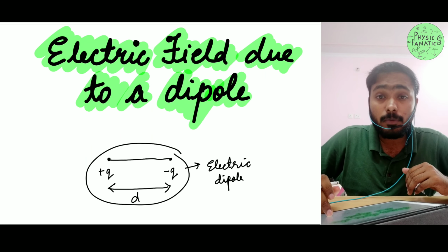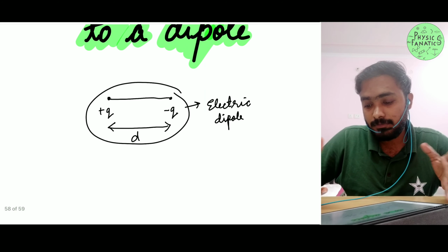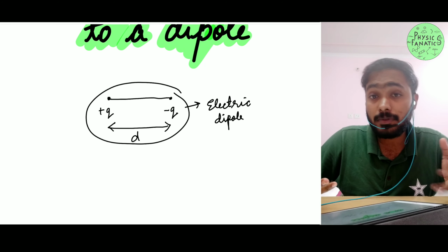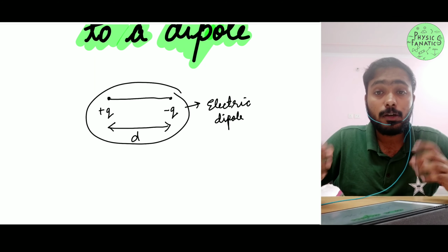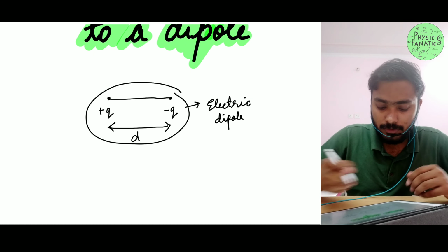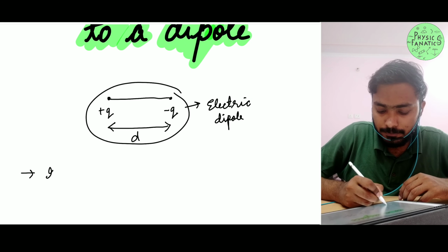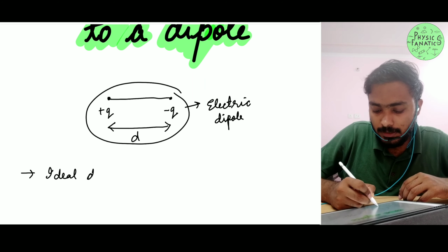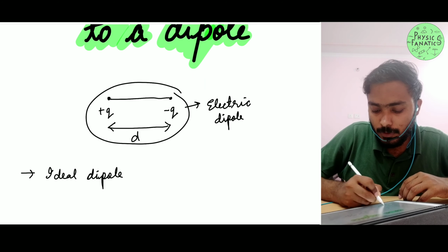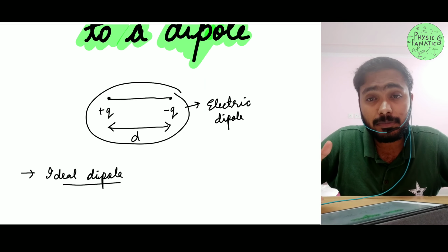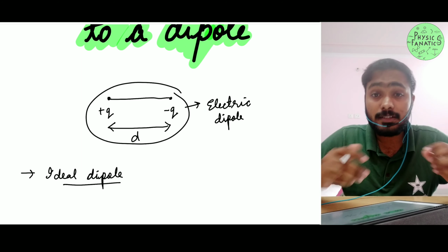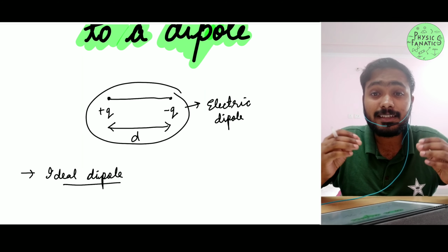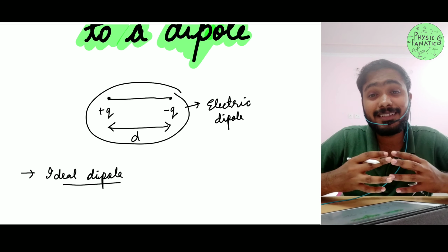Now one very important definition which I skipped in the previous video was, what is an ideal dipole? It's very simple. In an ideal dipole, the separation between the opposite charges is tending to zero, or it is negligible.